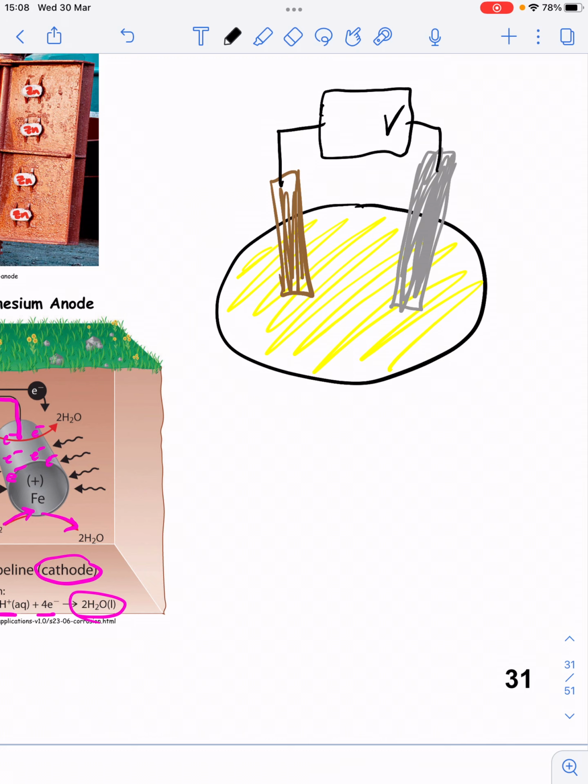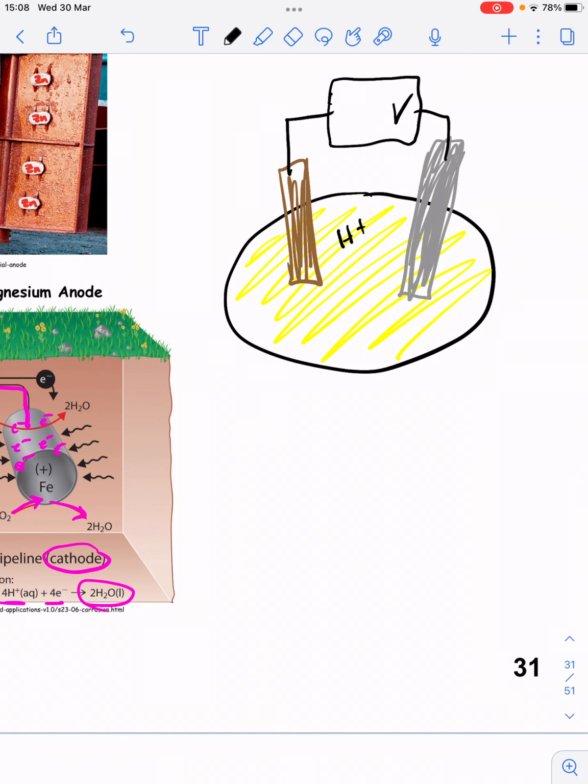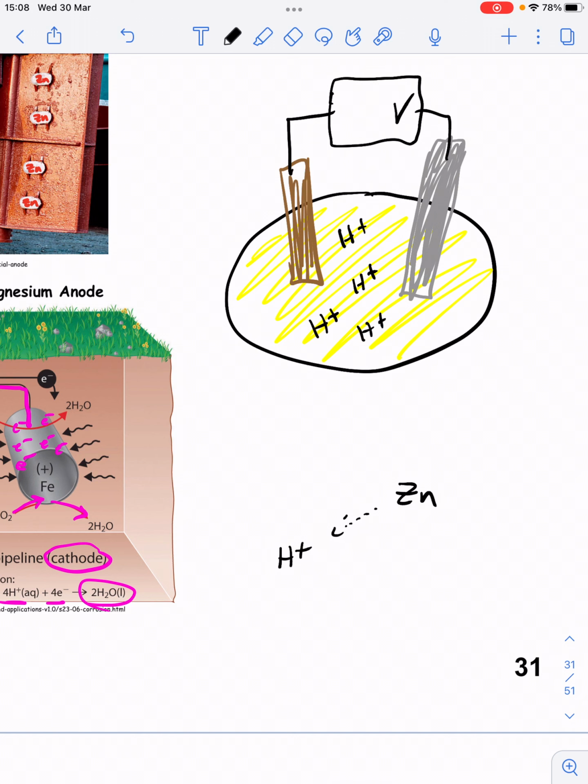Inside of a lemon is acid. Acid is H+, and we've seen on our activity series that zinc is higher than H+. That means that when I put zinc into acid, electrons are going to spontaneously get pulled off of the zinc and cause the zinc to get oxidized.